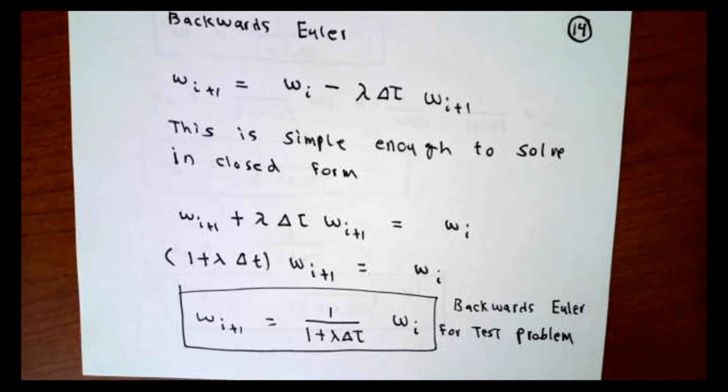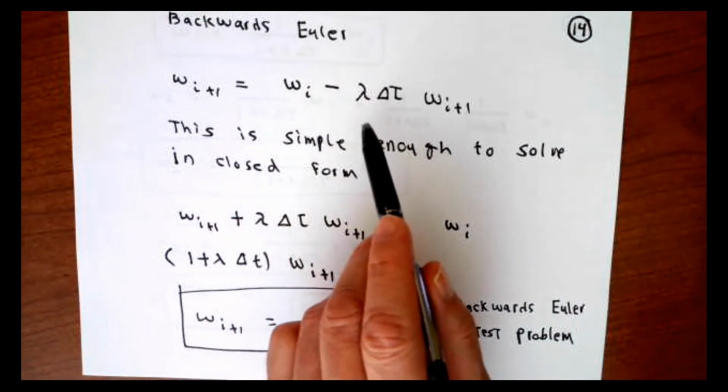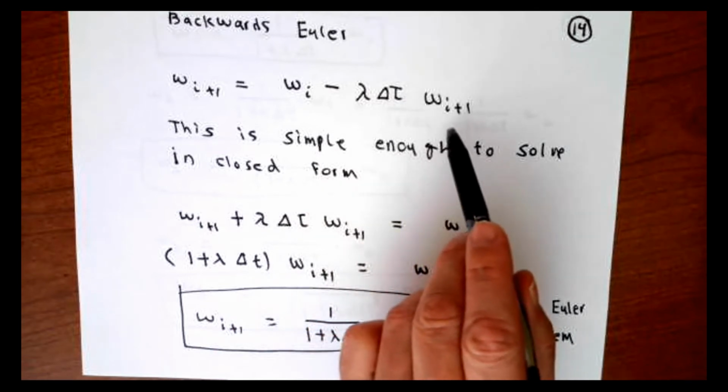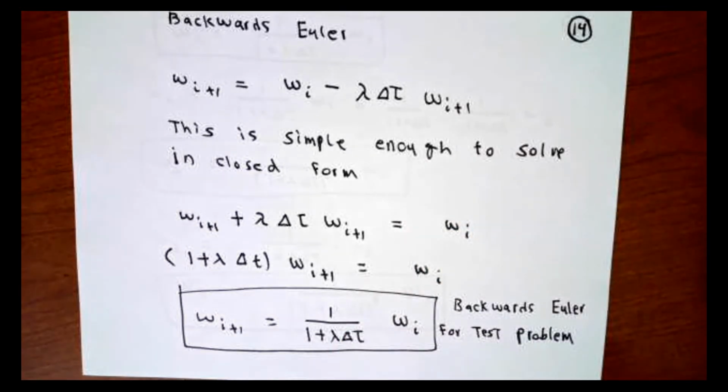The right-hand side function is the same as it was before, so wi plus 1 is going to be wi minus lambda times delta t times the approximation to the y value at time ti plus 1. So this is a different formula than what we got with Euler's method.